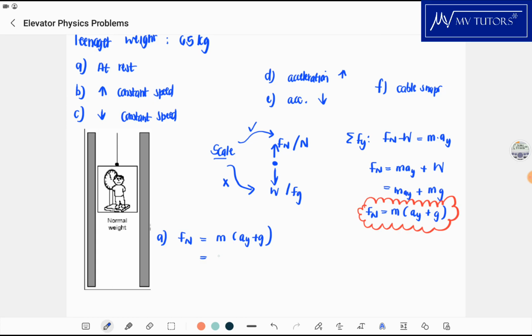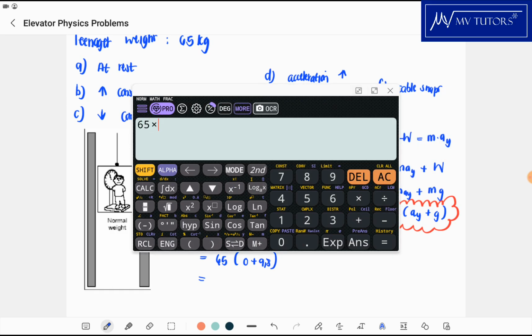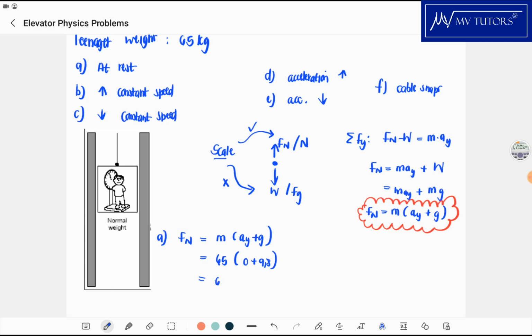This person weighs 65, so we're going to have 0 here because they're at rest, and then we have our 9.8. What is 65 times 9.8? It's 637, so 637 Newton. So that is at rest.